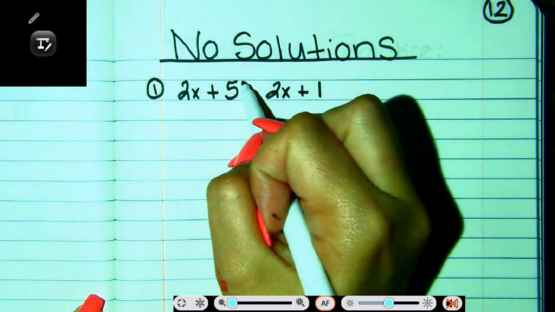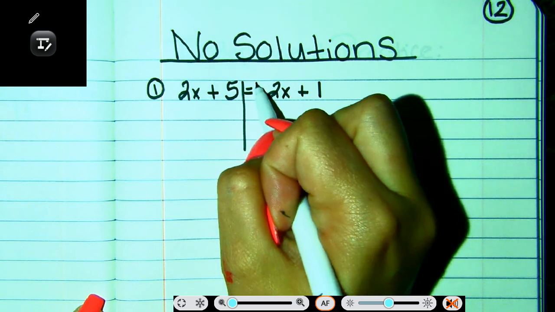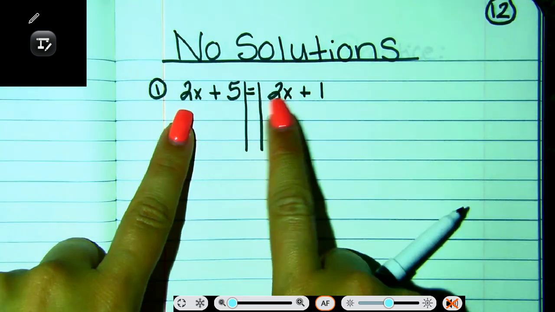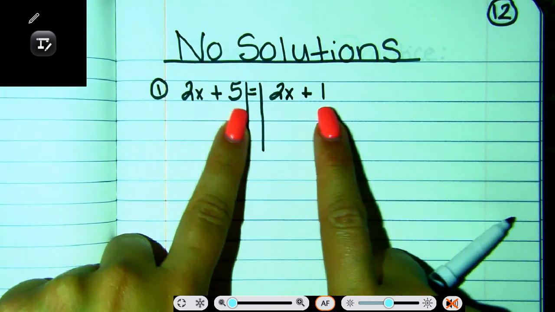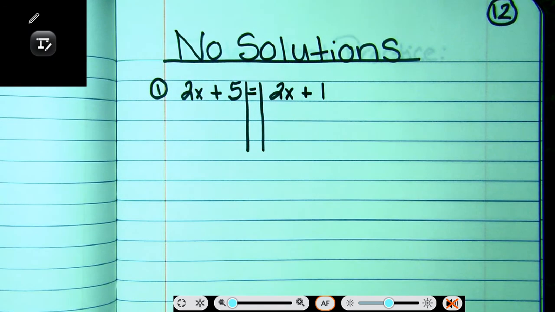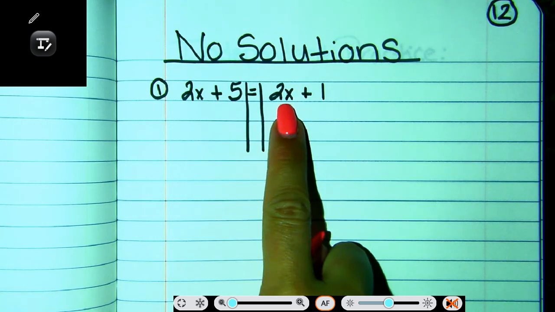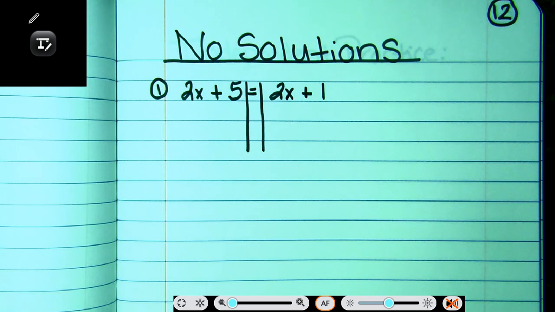So I'm going to draw the barrier down the wall here. Already I can see that I have a 2x on each side and a 5 and a 1. So already this looks a little strange because this 2x plus 5 can never be the same as 2x plus 1. But let me prove it to you.